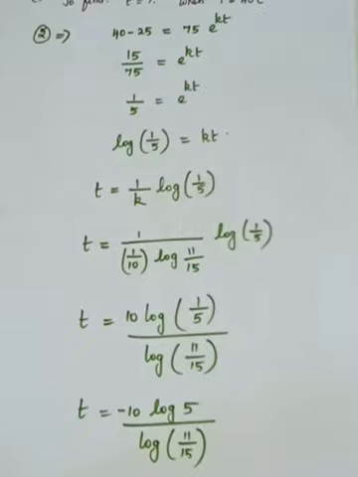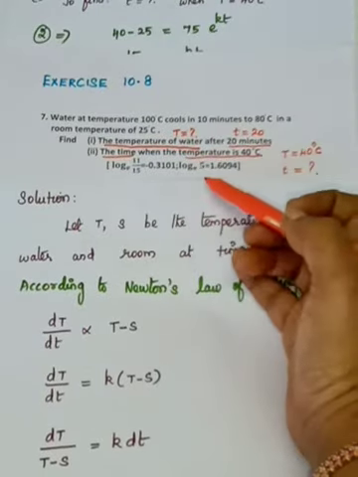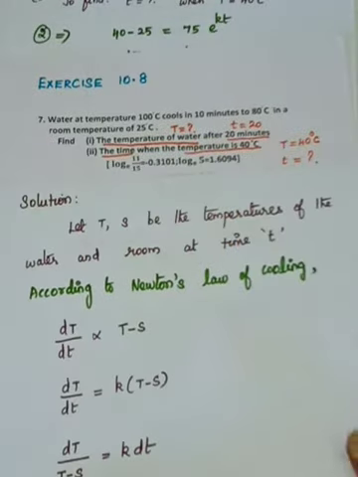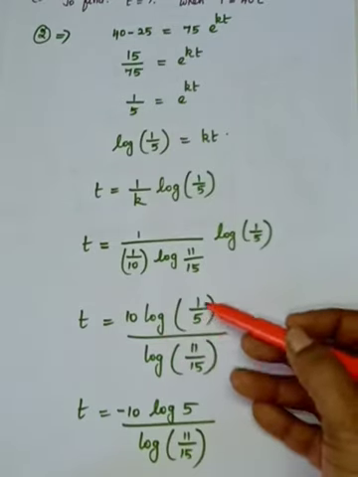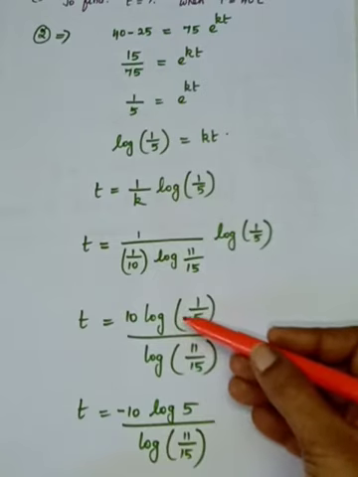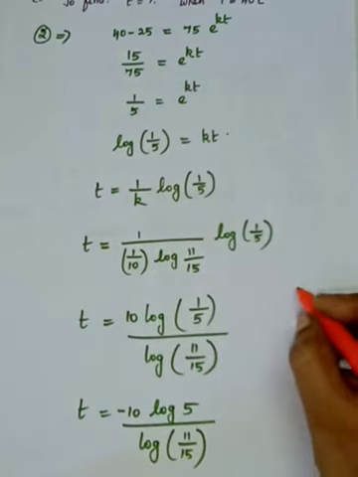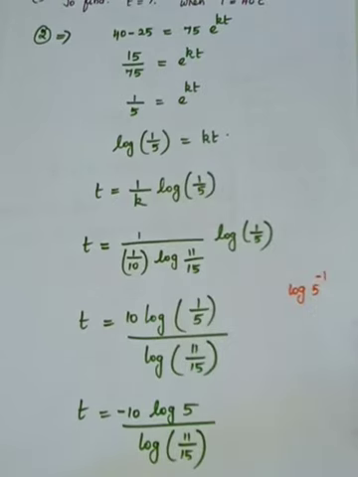But in the problem it is given log 5 only. In that question, log 5 to the base e is given. So here we have written log 1 by 5. This 1 by 5 we can write as log 5 to the power minus 1, because 5 to the power minus 1 is nothing but 1 by 5.